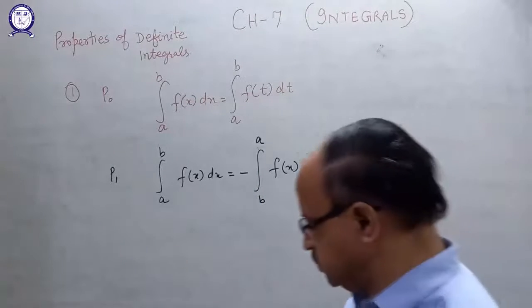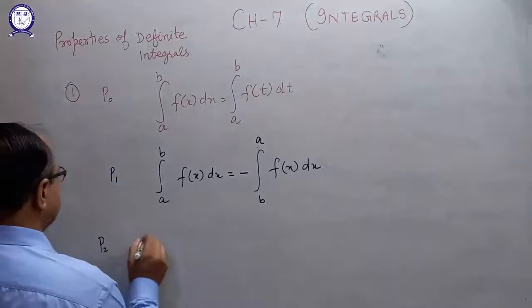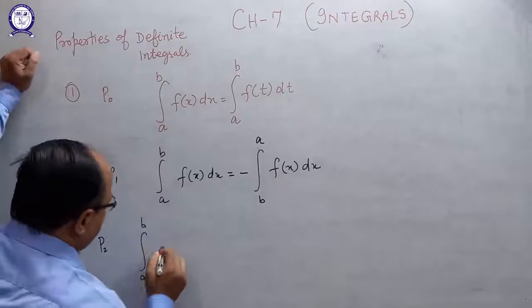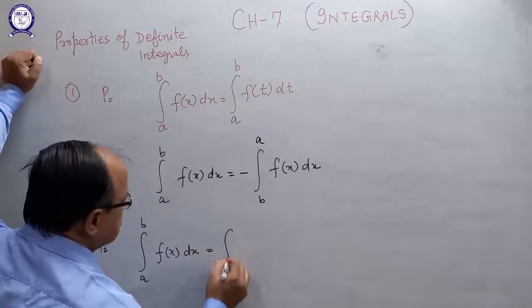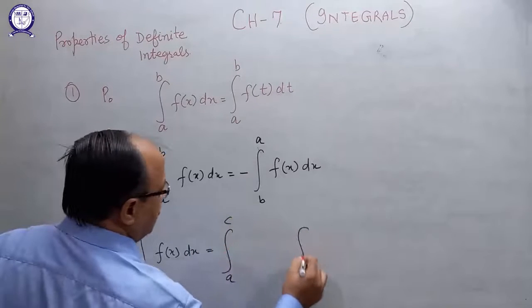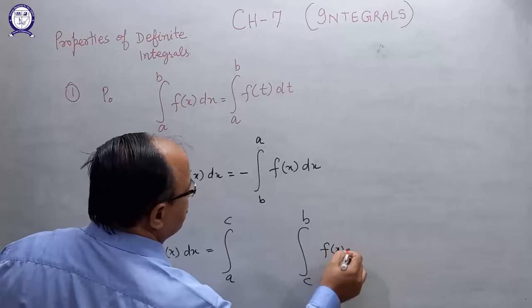The property number P2: integration a to b f of x dx, you can write as integration a to c plus c to b f of x dx.